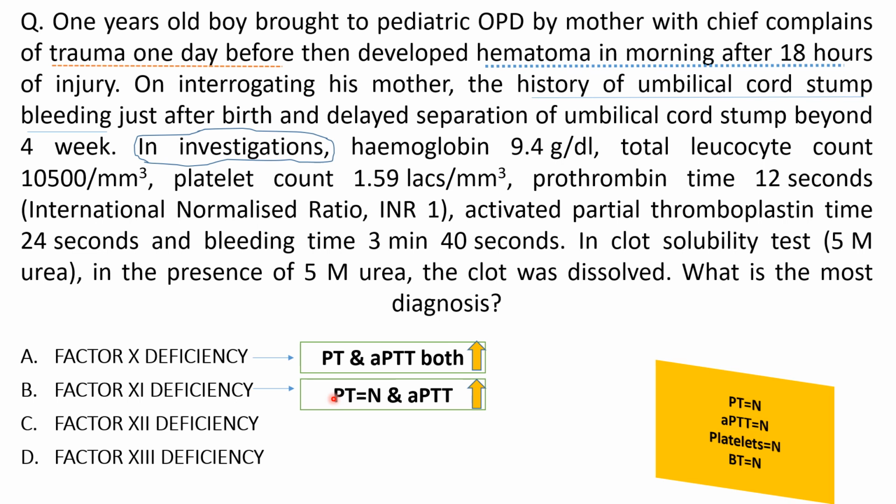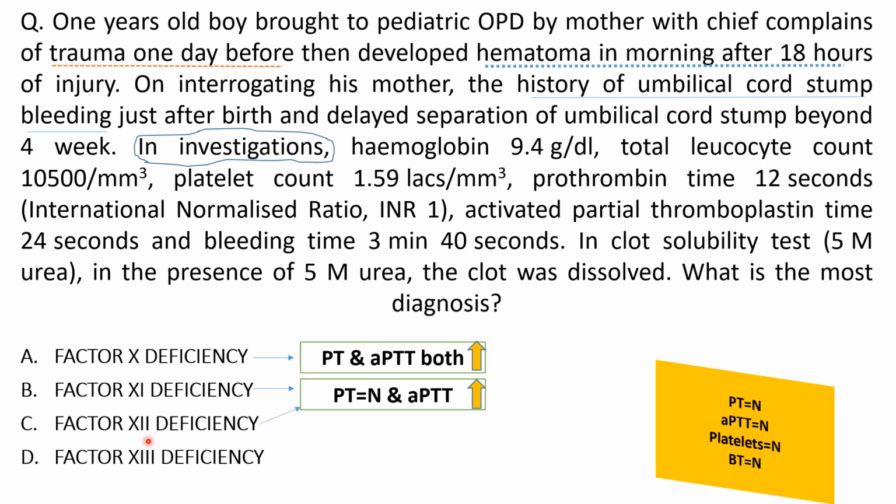So this is also ruled out, and the child will have mild bleeding manifestation in factor 11 deficiency, also known as hemophilia C. While in factor 8 and 9 deficiency, the child will have moderate and severe bleeding manifestation, and the lab report will be the same as in factor 11. PT will be normal and APTT will be prolonged, except bleeding manifestation will be mild in factor 11 while severe or moderate in 8 and 9 deficiency.